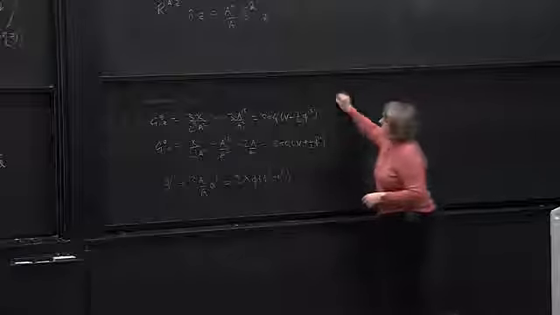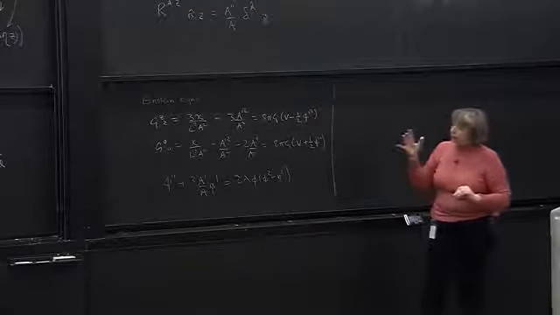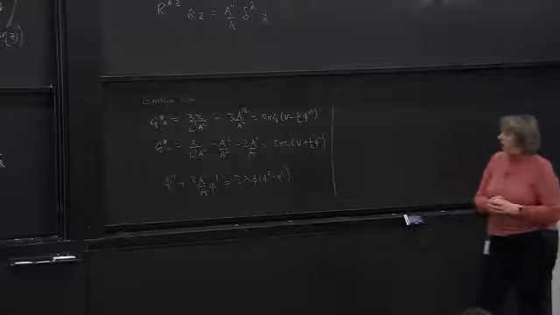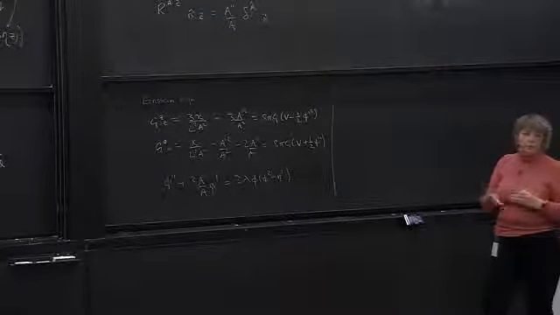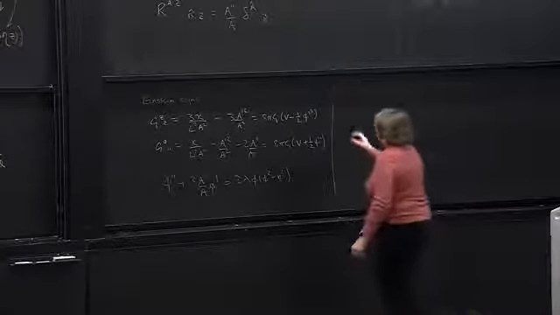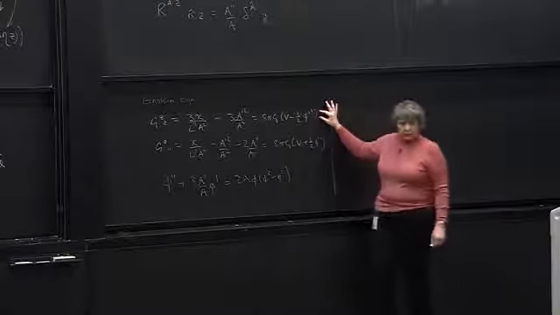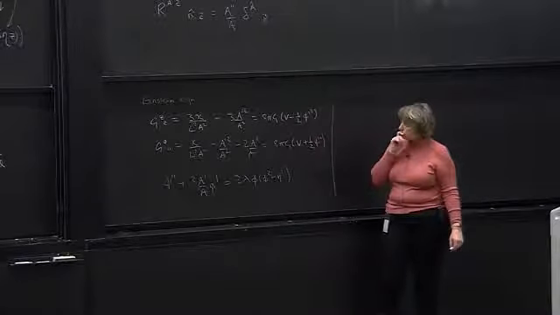I just want to make a couple of comments if we look at the structure of these. If we look at our background solution in the absence of gravity, a half phi prime squared is equal to v. So this would be 0, and this in here would be 2v.